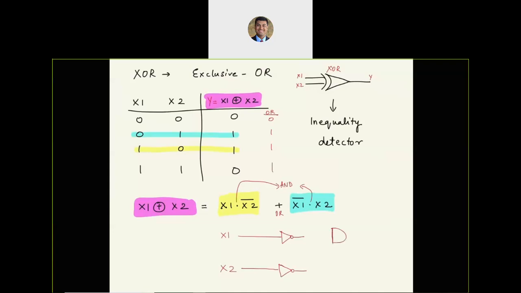The inputs to the AND gates are, say for example, for the first term in yellow, I have x1 going into the AND gate and x2 complement. And the output is over here.